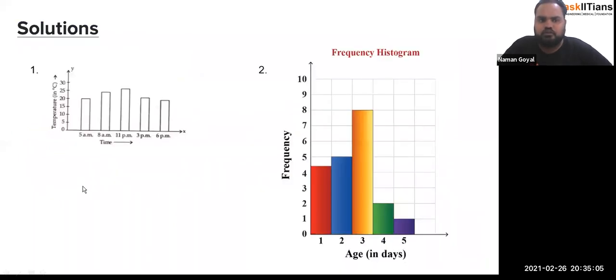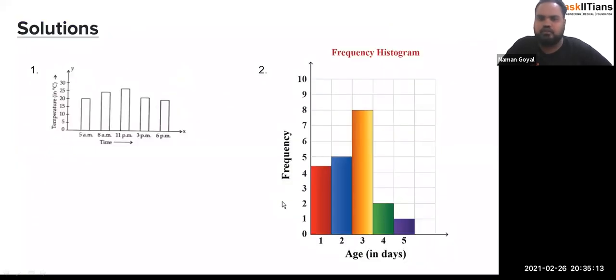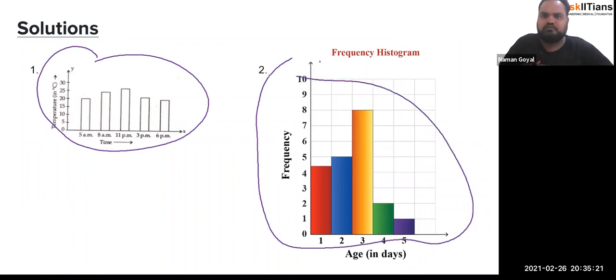For 0 to 1, see, the numbers are very small, so you can take 0 to 1, then 1 to 2, then 2 to 3, and so on. So this is the required bar graph, and this is the required frequency histogram.